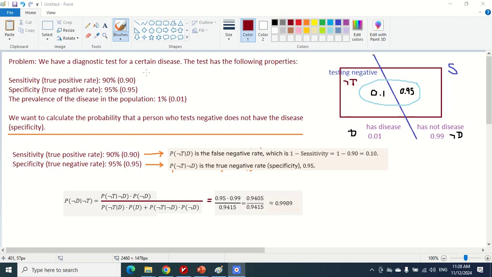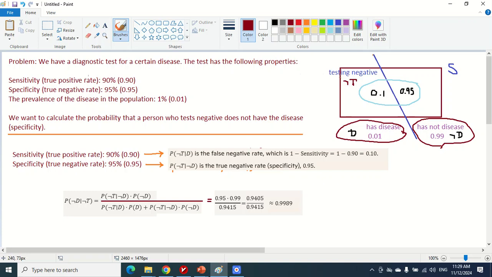So over here we have one type of disease that is spread in a population, and as you can see, the people who have the disease are selected over here, and those who do not have the disease. I just circled the concept over here.